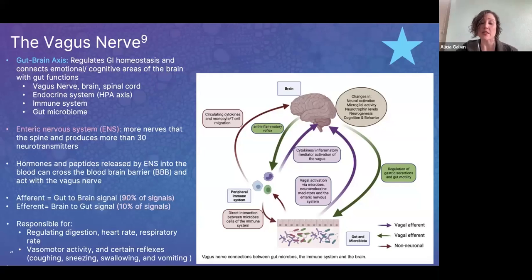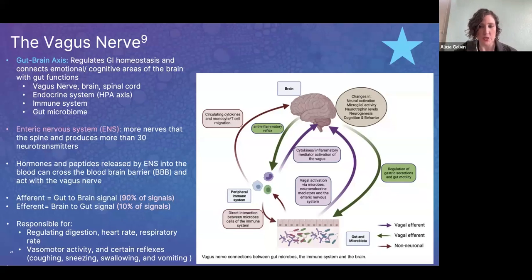Most of the signals between the brain and the gut along the vagus nerve are actually going from the gut to the brain. About 90% are what are called afferent, meaning they go from the GI tract to the central nervous system, versus about 10% of signals going from the brain to the gut.